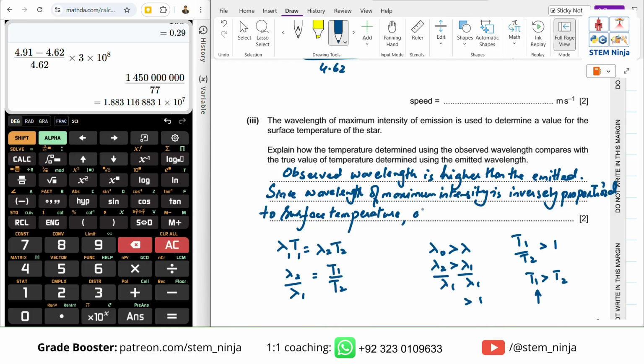So the observed temperature is lower than the original, the true or actual value.